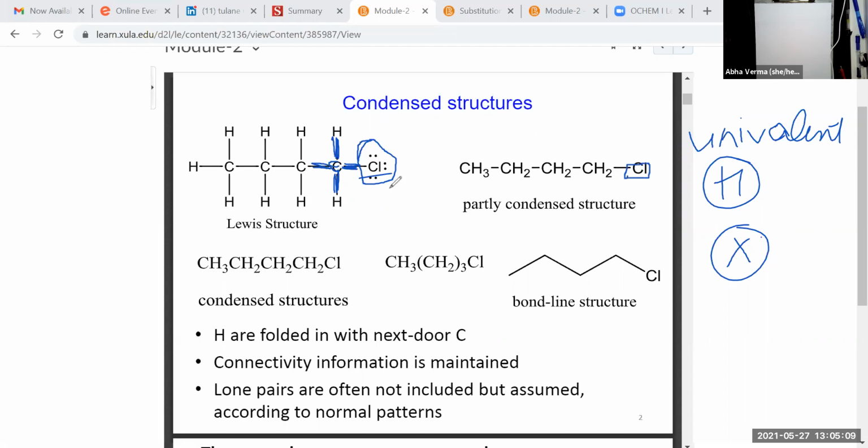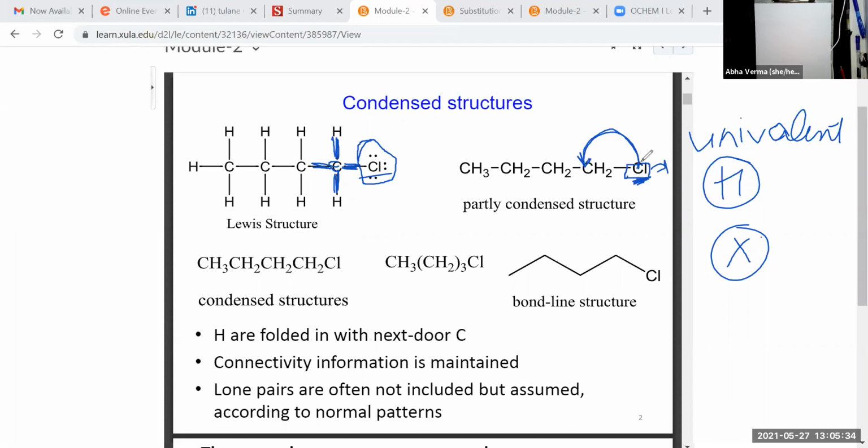Any atom which is not hydrogen or a carbon has to be written separately. When I write chlorine here, it always indicates that this atom belongs to the carbon which was right before it, not to the carbon coming up, but to the carbon before it.